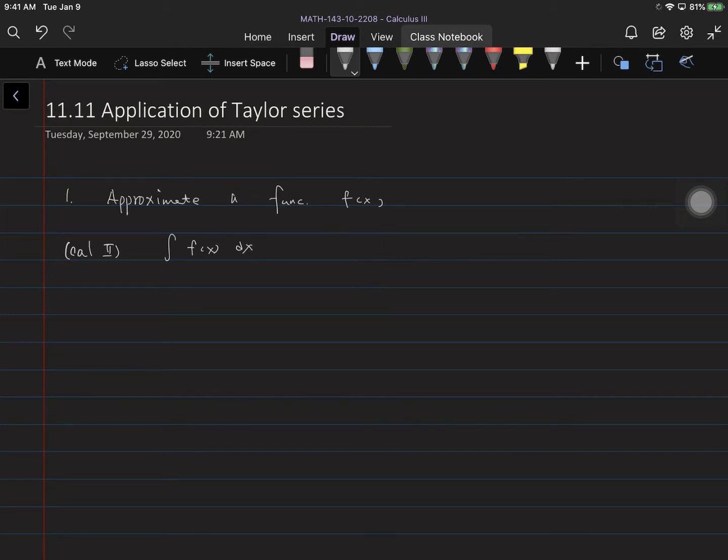But sometimes if the function is very complicated and we don't have any certain method, evaluating the integral of this one is so difficult. We didn't learn any method in calculus 2 to calculate this, but we know the Taylor series for this function, which is x minus x cubed over 3. So the table is in the last section.